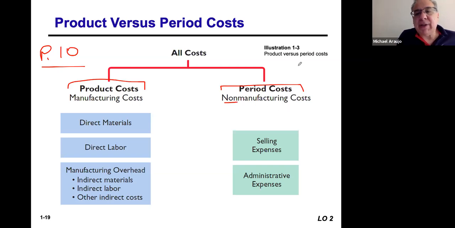Okay. Now this is important. This illustration is particularly important for your homework in this part of the chapter, because they're going to ask you in your homework to identify direct material costs, direct labor costs, manufacturing overhead costs, selling expenses, and administrative expenses. They're going to ask you specifically, can you identify what these accounts are? And that's why this particular illustration is very important to you.